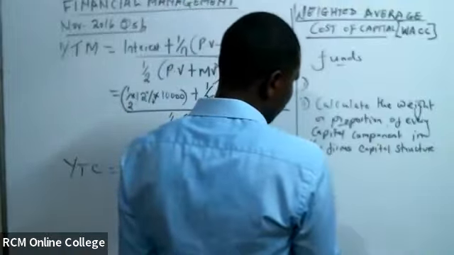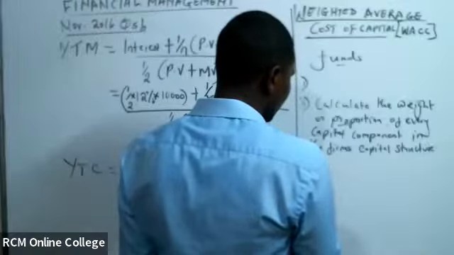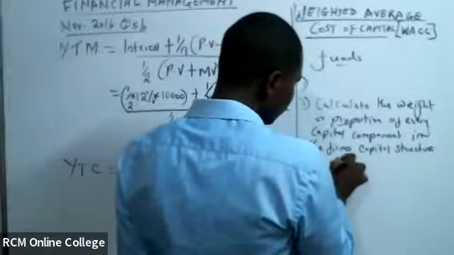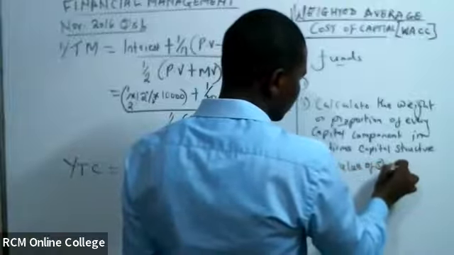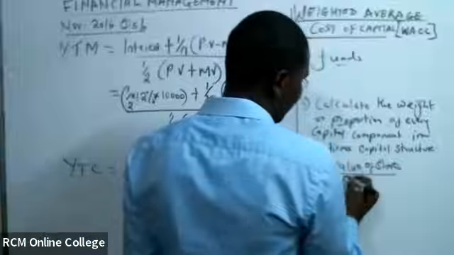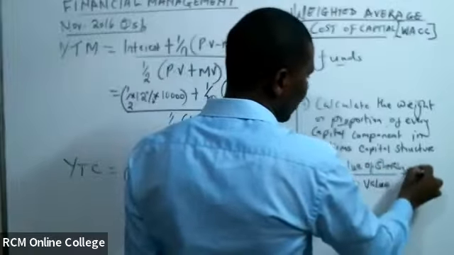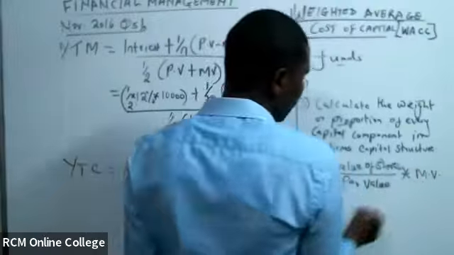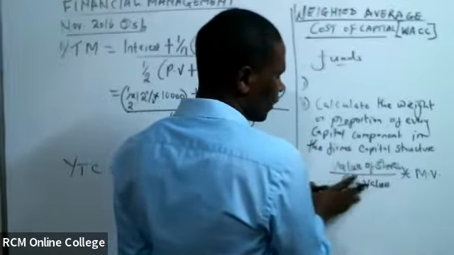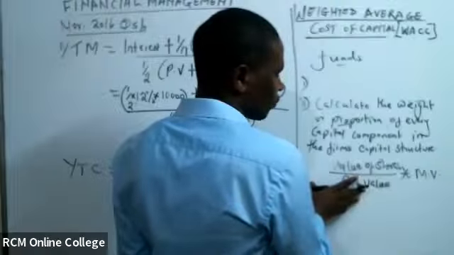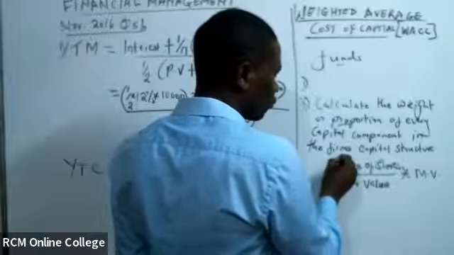So if you want to get the weight or proportion, we shall be having the value of shares divided by the par value, times the market value. You see, this formula will help you to get the total value of that component, that source.